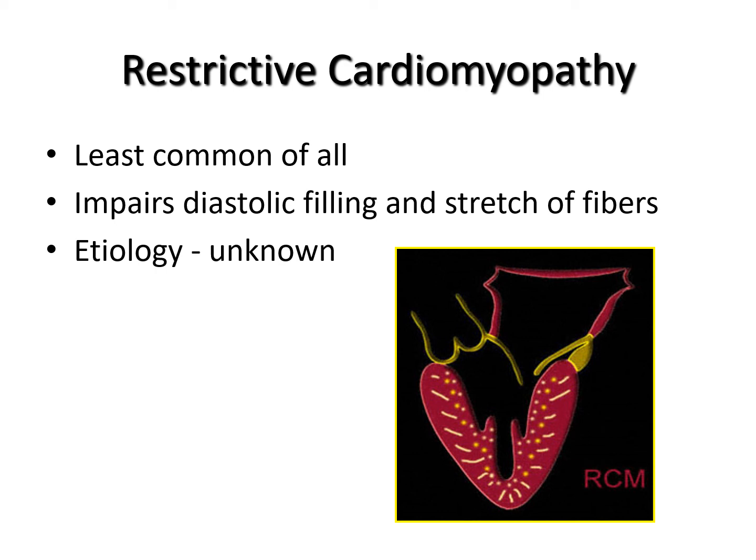The problem with restrictive cardiomyopathy is that the rigid wall impairs diastolic filling and stretch of fibers. It doesn't stretch, so the contractility is lost. Many times we don't know what causes it.